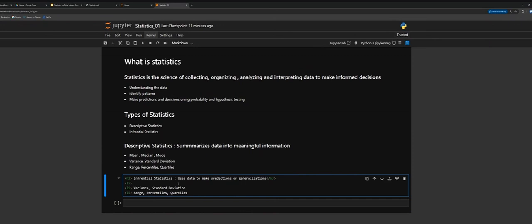So what methods are included here? Hypothesis testing. The other one is confidence intervals.